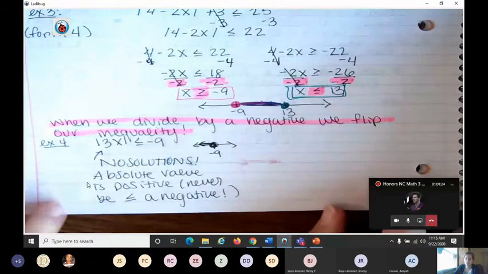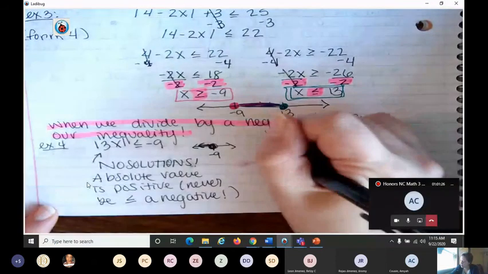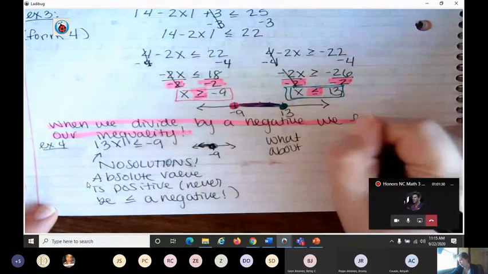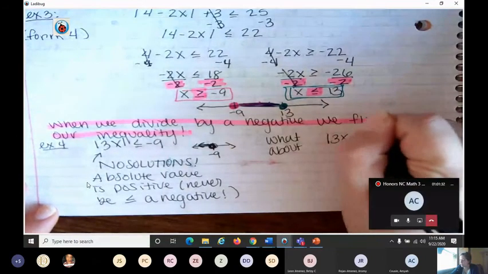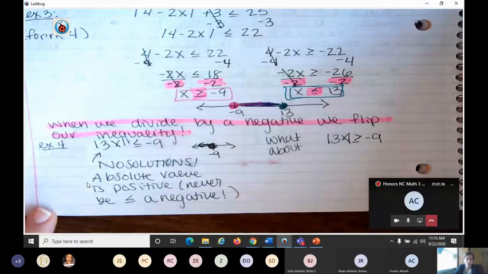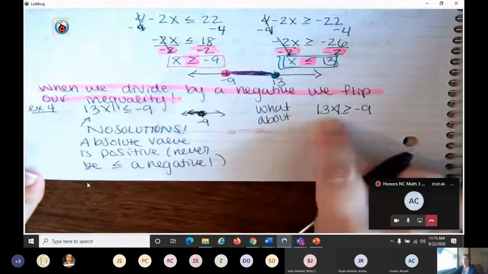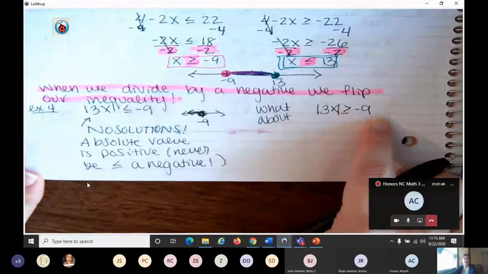Okay, but we could switch this around. What about the absolute value of 3x is greater than or equal to -9? Could this work? Does this work?